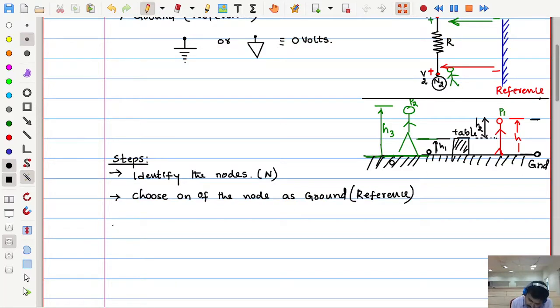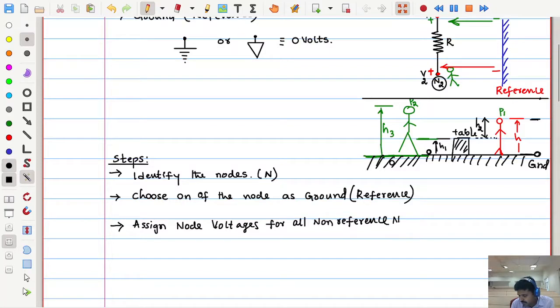So in the next step, we assign node voltages for all non-reference nodes. How many non-reference nodes are there? n minus 1.